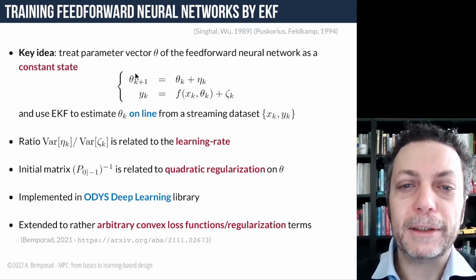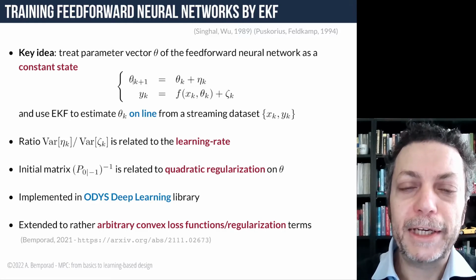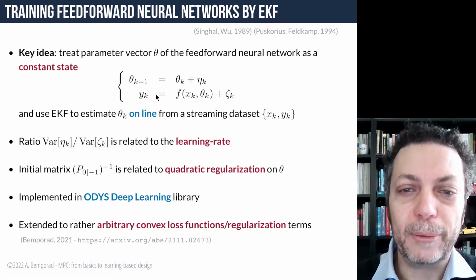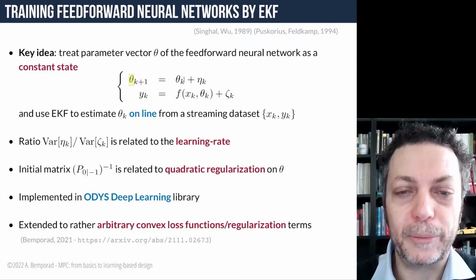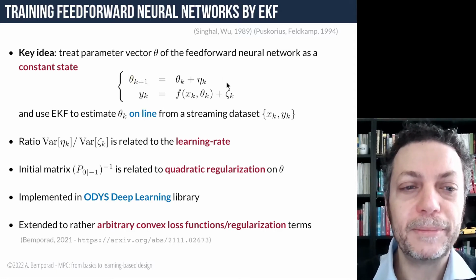And therefore, you can design a Kalman filter for this type of dynamics, where the measured output is the output of the function, and the hidden state is theta, the vector of parameters you want to estimate.